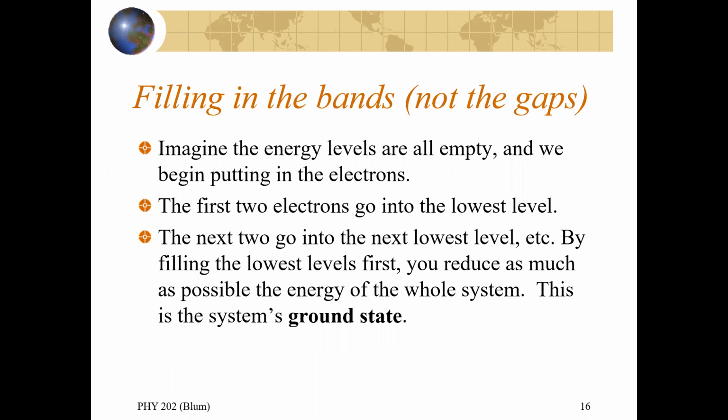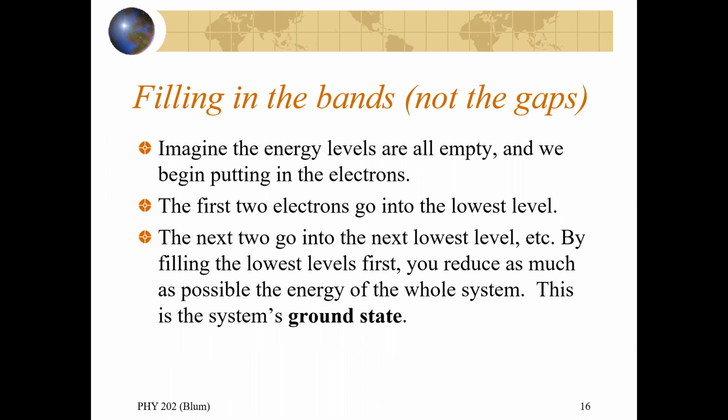And the first electrons that arrive on the scene go into the lowest levels. I said my levels raised a little bit, yours lowered a little bit. So the first 2 electrons would go into your levels because they're the lowest. And then the next two would go to mine because I'm the next lowest. And so the electrons would fill up that way. And then when there are enough electrons to make the whole thing neutral, we would have what's called the ground state.